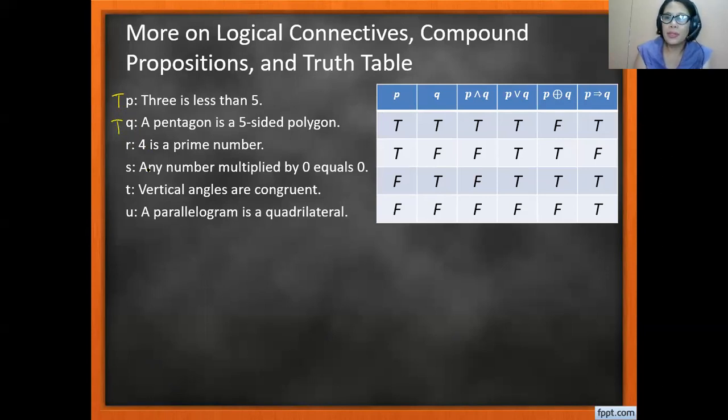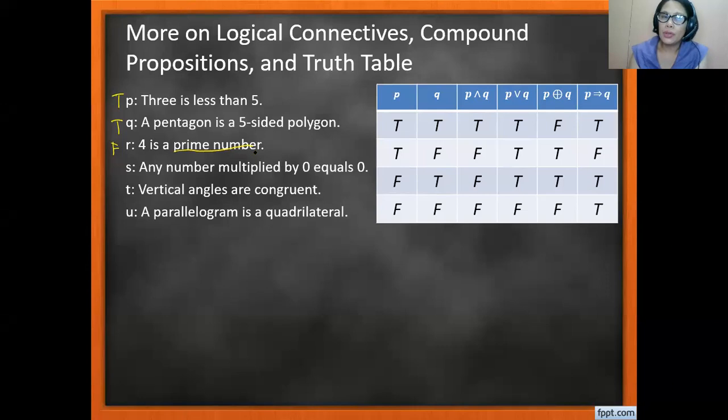4 is a prime number. So this is false. How do we define prime number? The factors of a prime number are the number itself and 1. The other factor of 4 is not just 1.